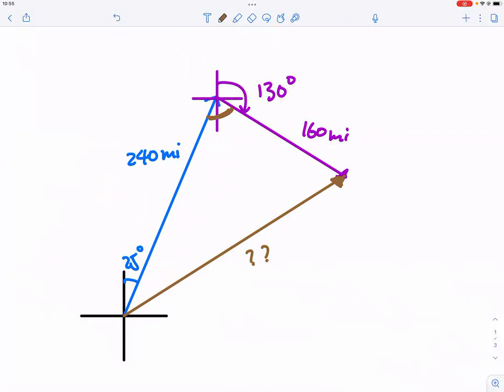I can give you a hint. You are going to use something you learned from geometry about parallel lines. What is this angle here? Part of it is 25 degrees, but that's not 25 degrees.